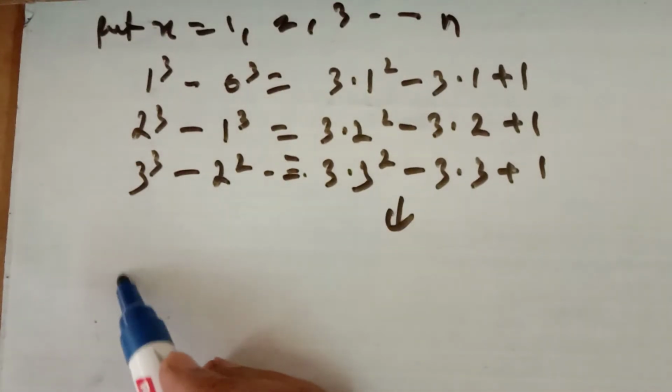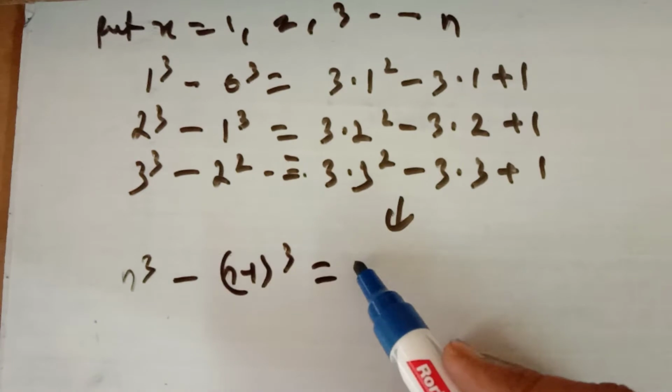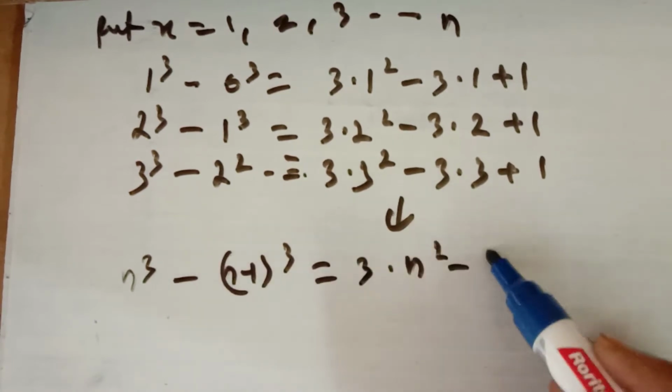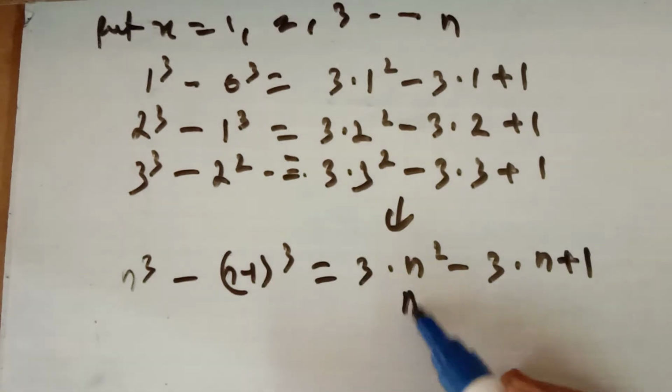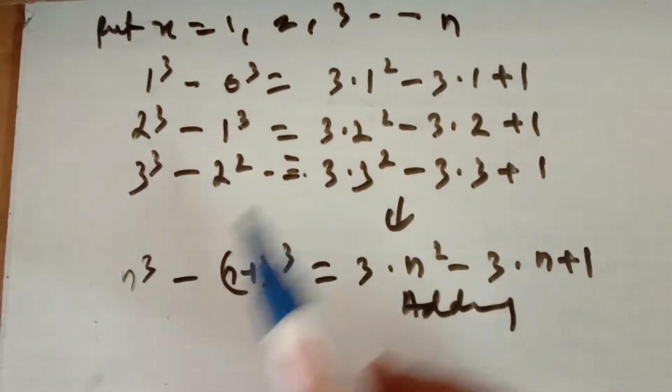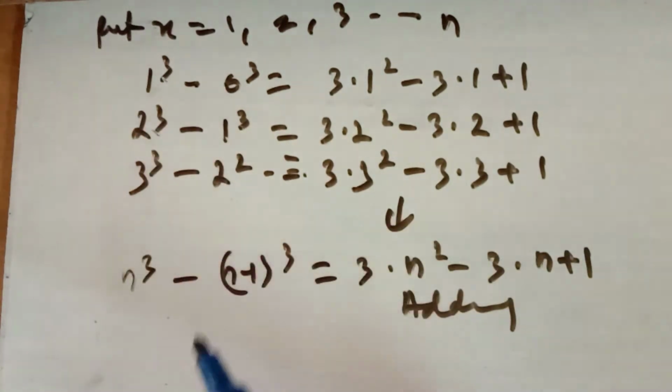The nth term will be n cube minus (n minus 1) whole cube is equal to 3 into n square minus 3 into n plus 1. Now when you add all these terms, this will be cancelled out over this, this will be cancelled over this, and so on.